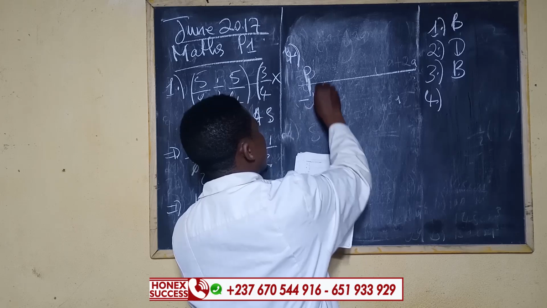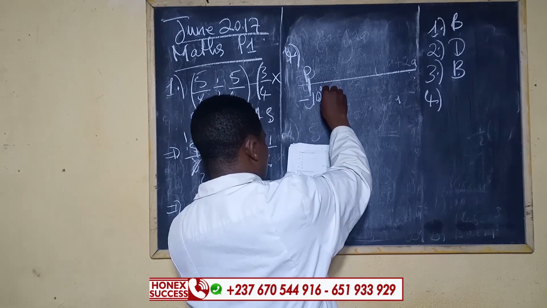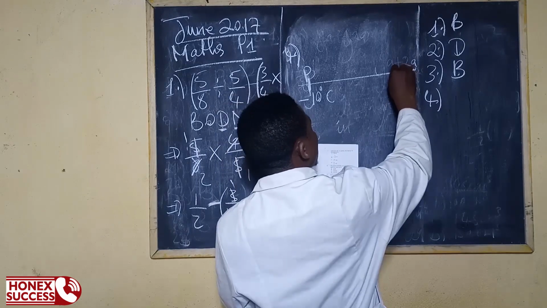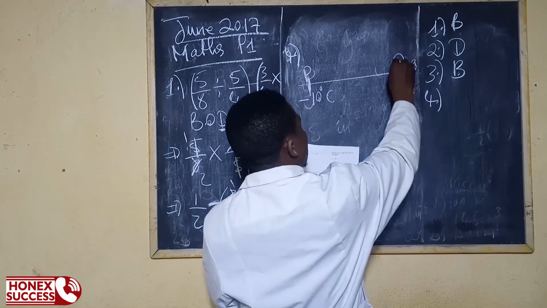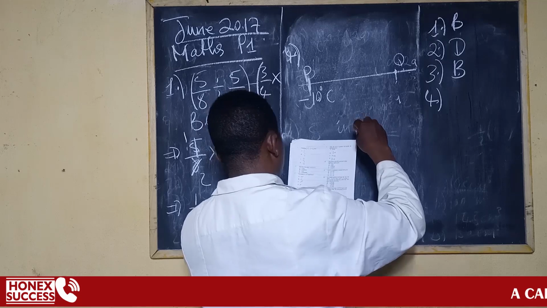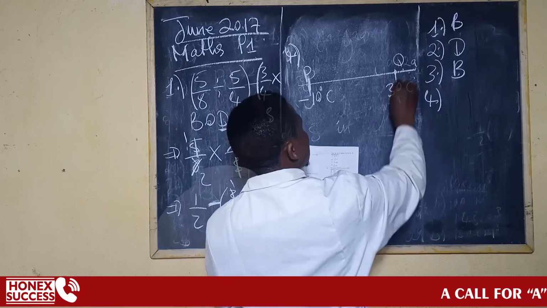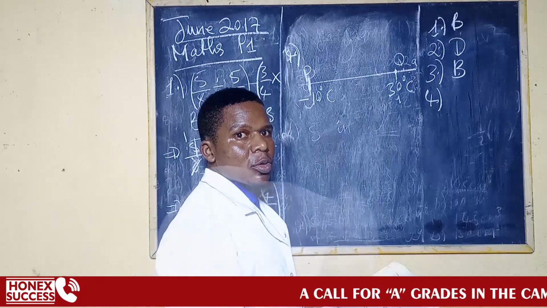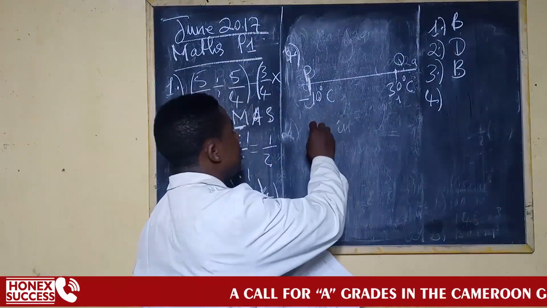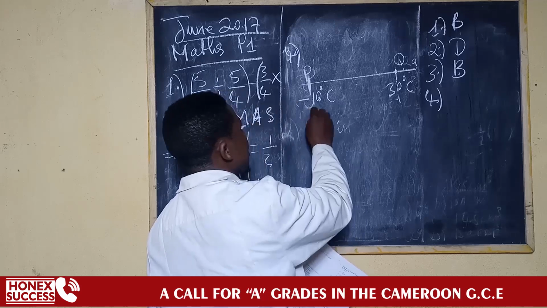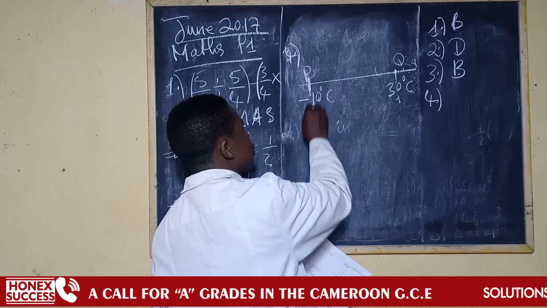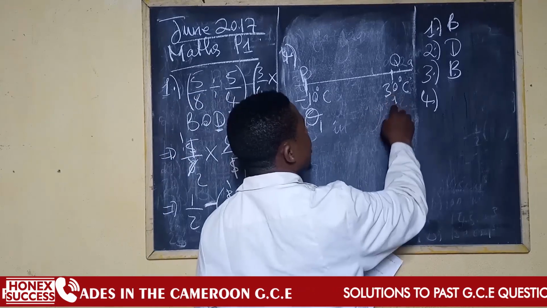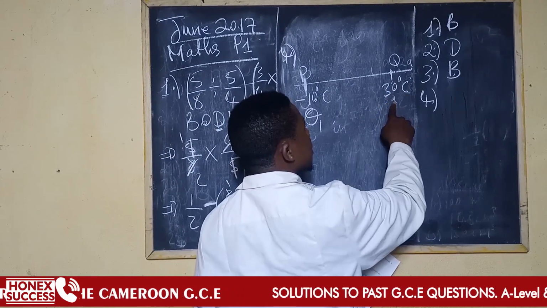Then at town Q, the temperature is 30 degrees Celsius. The first temperature at point P, we can call it theta 1, and at point Q, the temperature is 30 degrees Celsius, we call that theta 2.